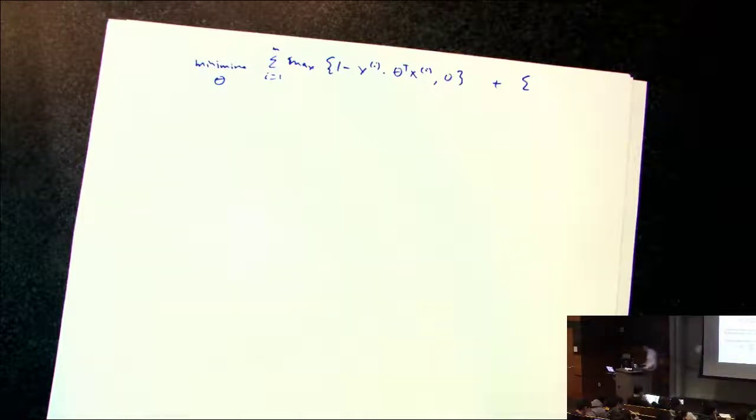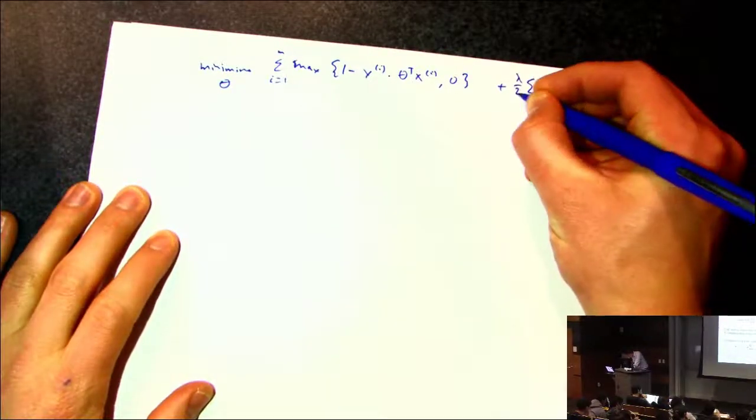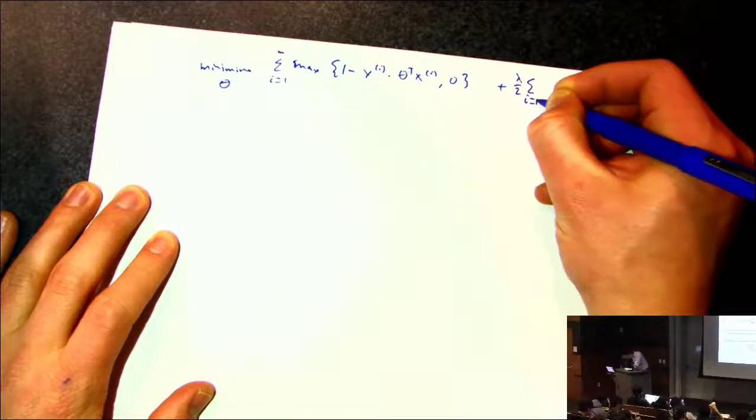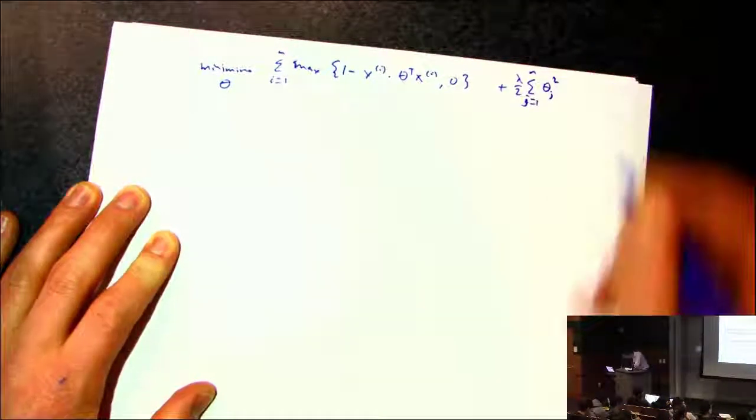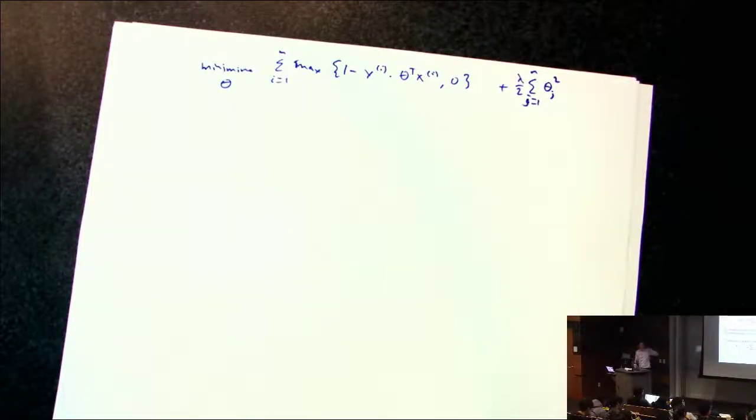You can also write this as lambda over 2 times the sum, j equals 1 to n, of theta j squared. That's the same as the squared 2 norm.